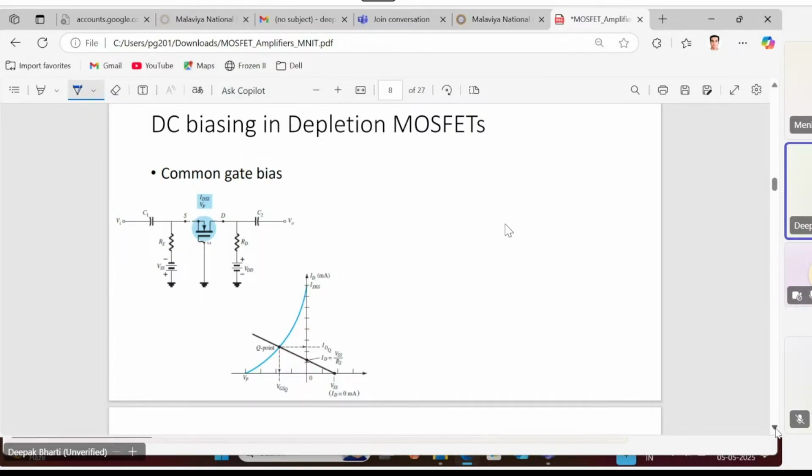Wherever we have to find the operating point, we have to find out what the VGS is. So let us try to write the KVL. The VGS here: VG is what? 0, since the gate is at ground potential, so VG is 0 minus Vs.